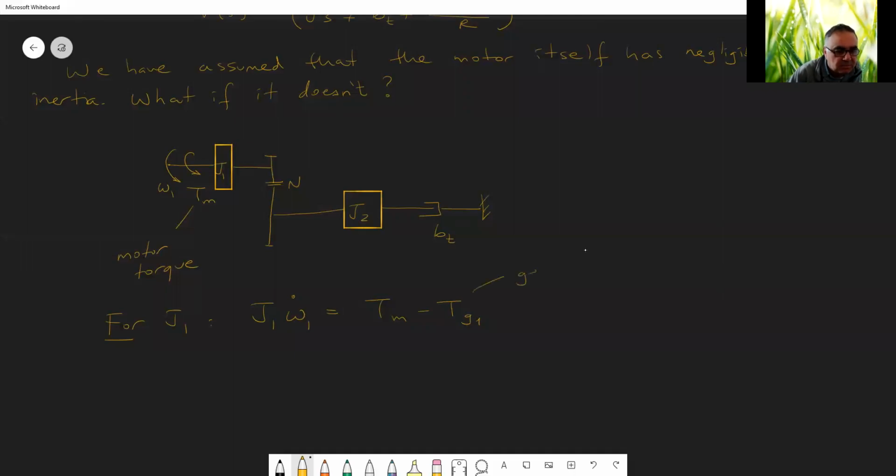This is the gear torque minus J2 omega 2 dot. And by the way, this is omega 1, so this is omega 2. This is whatever Tg2 actually turns.